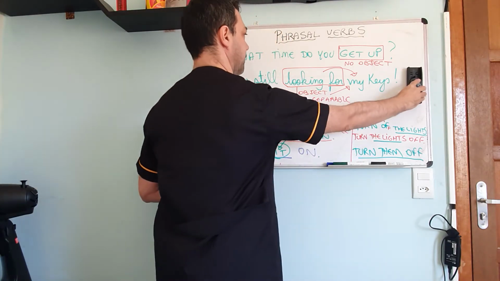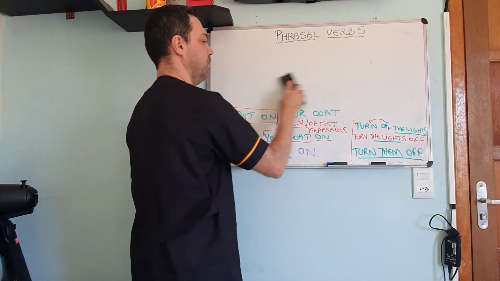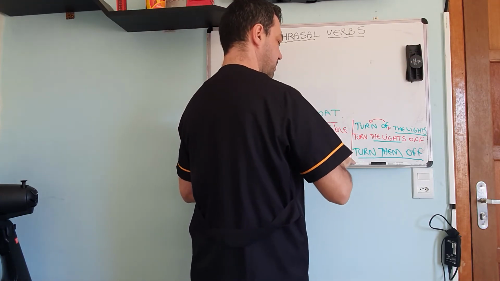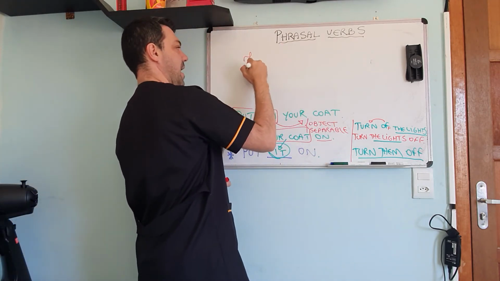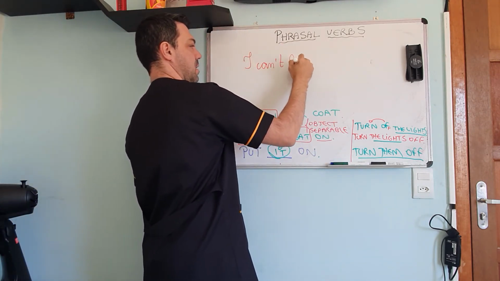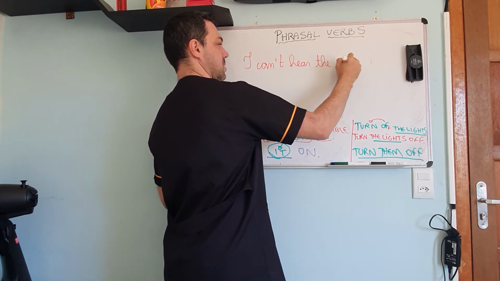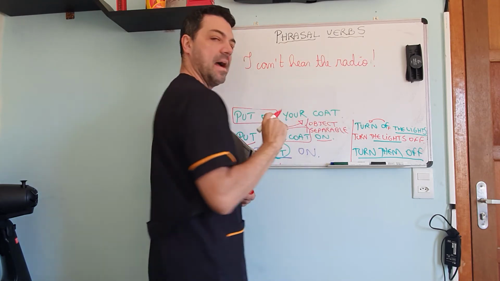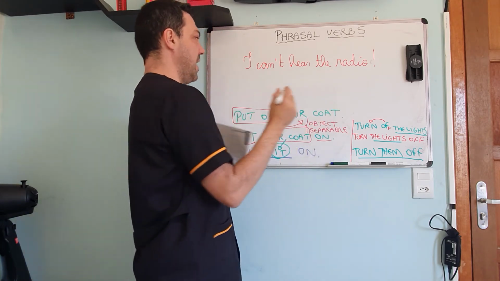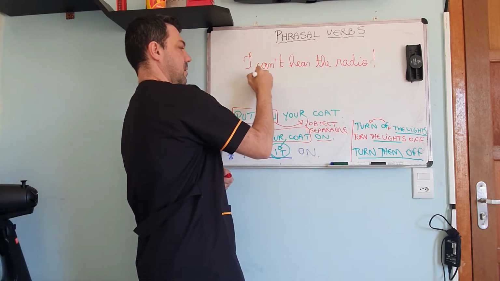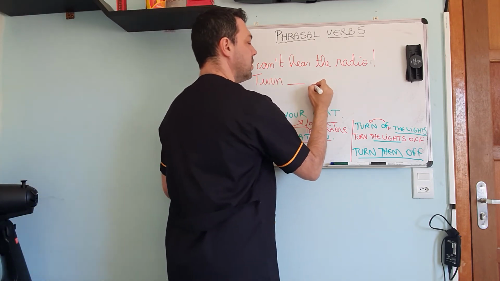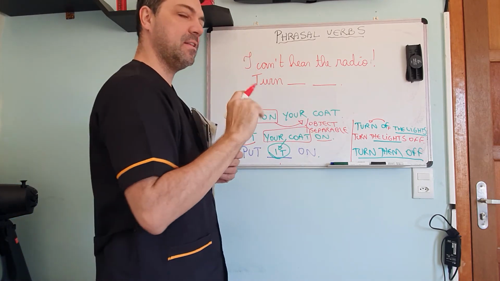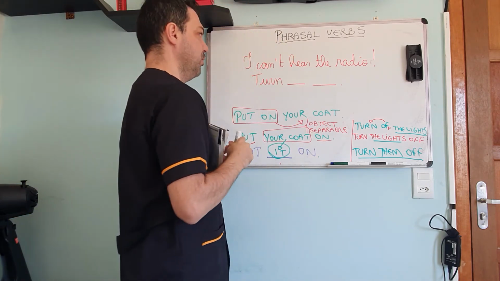And moving to the second exercise, you have the example there. I'm going to erase here to show you how the exercise should be done. The exercise is like that, guys. The example: I can't hear the radio. And what you have to do? Turn. And you have two gaps here to complete with the words that will be available for you.